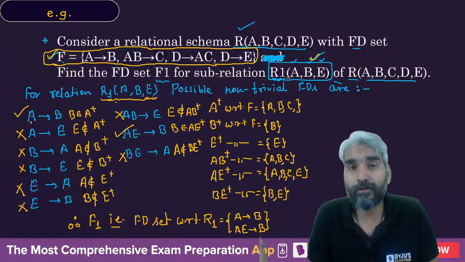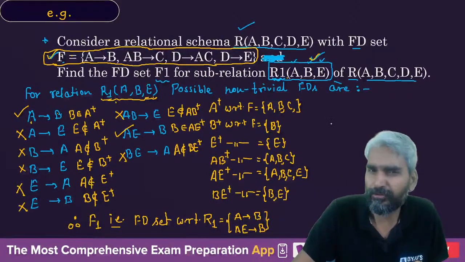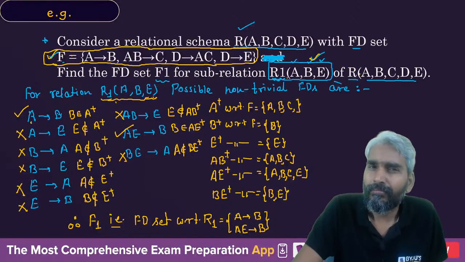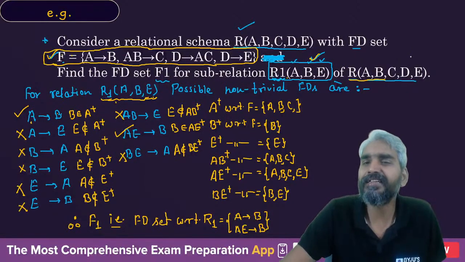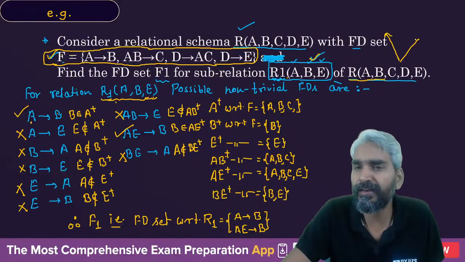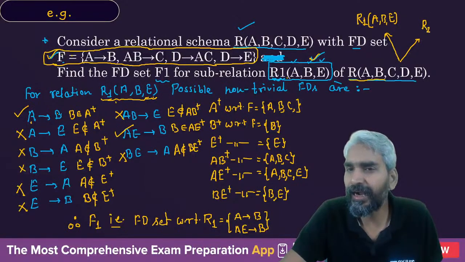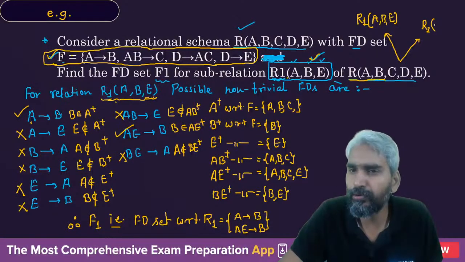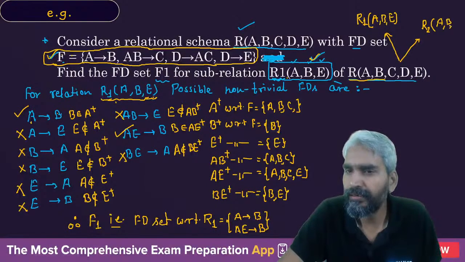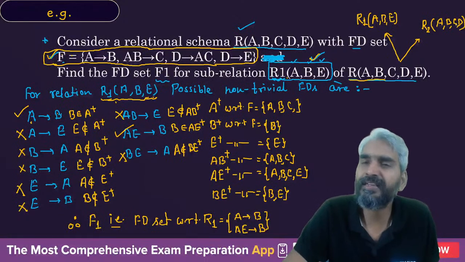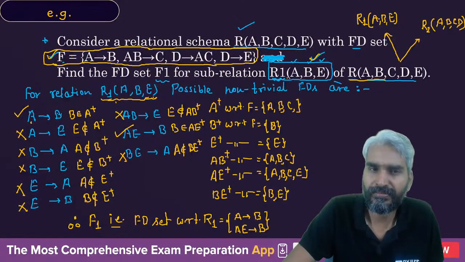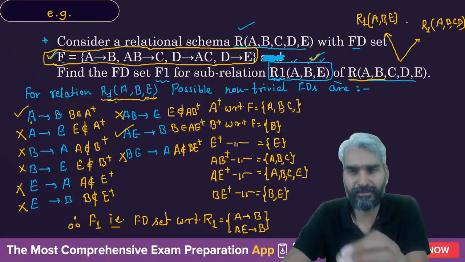Now, what is the importance of this? You can see that I have decomposed this relation R. Let's assume I decompose relation R into sub-relations such that R1 consists of attributes A, B and E, and another relation R2 consists of, for simplicity, A, B, C, D. I am not talking about lossless or dependency preserving at this point.